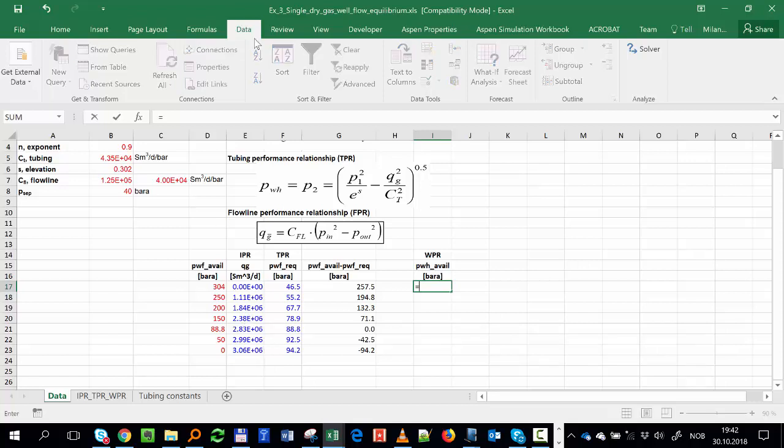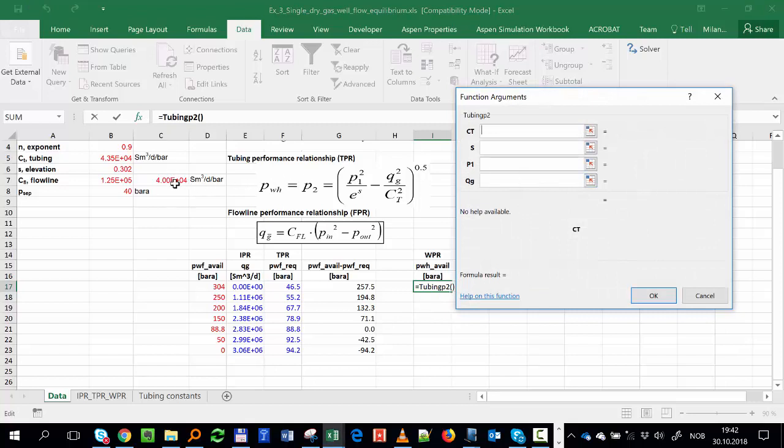So I say this one will be tubing P2, and tubing P2 requires the CT, and I block it, requires the S, and I block it, requires the pressure at the bottom of the well, that I'm going to use just the same pressure as for the IPR.